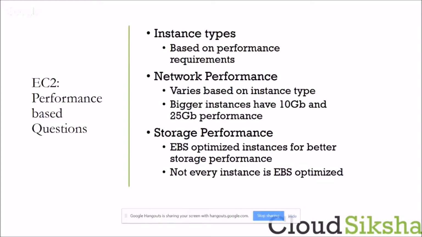Here we have to see a couple of things. One, you have to see what is the network performance of an instance. In the exam, you would get a question which talks about networks. It talks about the speed not being enough and so on.